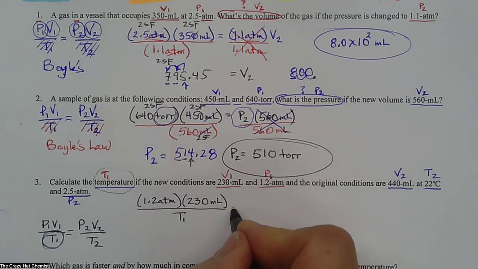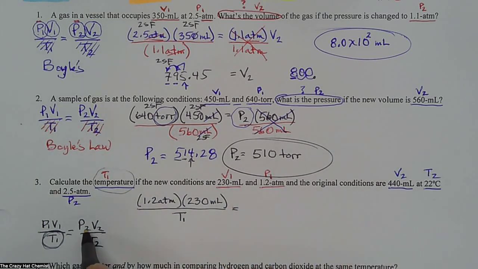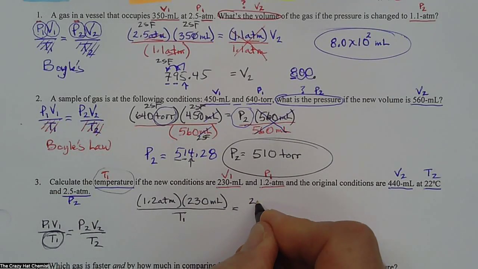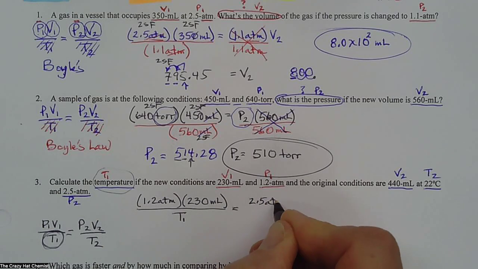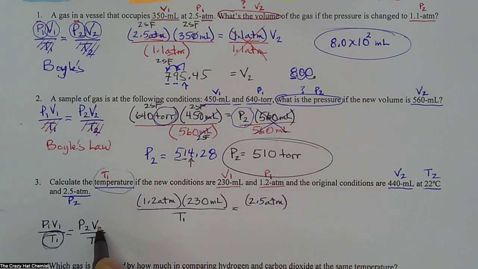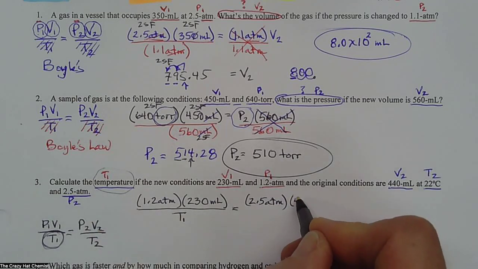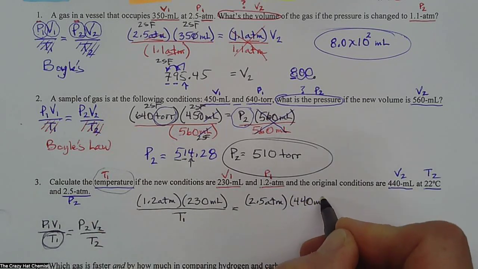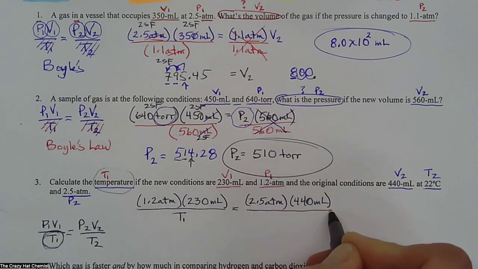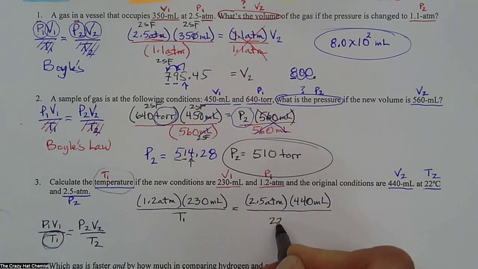And then our original conditions: our pressure 2 here is 2.5 atmospheres, our volume 2 is 440 milliliters, and our temperature is 22 degrees Celsius. One of the rules here is that all temperatures must be in Kelvin.